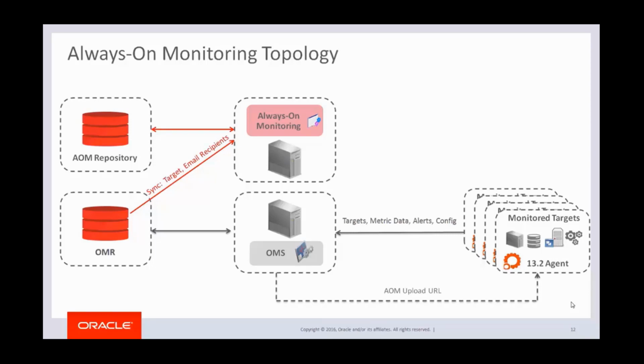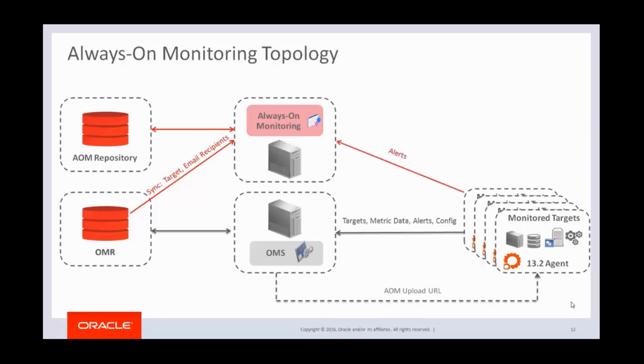Once AOM is installed and configured, you need to run a command from Enterprise Manager to upload the AOM URL to agents. Basically, this is a step to let agents know the location of AOM. So once this is done, EM pushes the URL to all agents, also to the future agents that will be deployed. So again, this is a one-time setup.